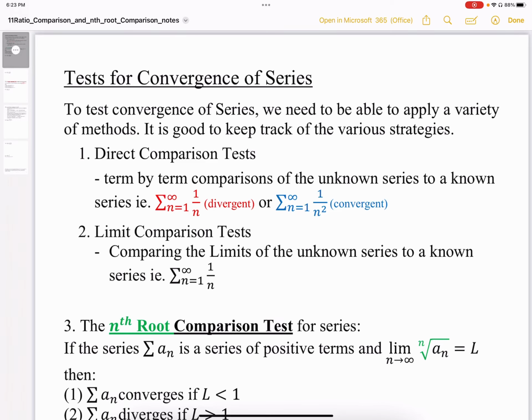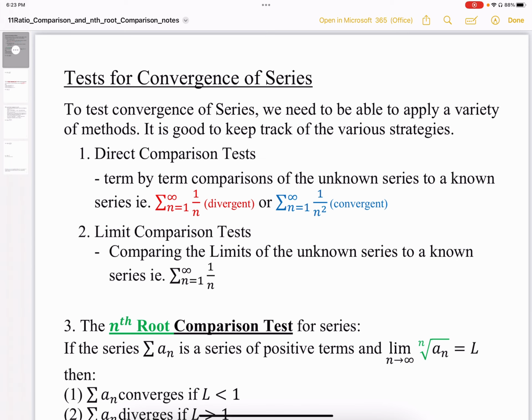We've been determining some tools to be able to determine convergence or divergence. Some of these tools that we're using to test these series for convergence or divergence are kind of informal ones, like these direct comparison tests, where we can just compare term by term, typically with a known series like the 1 over n, the harmonic series, which is a divergent series.